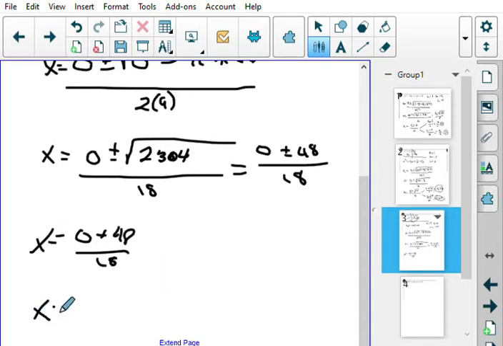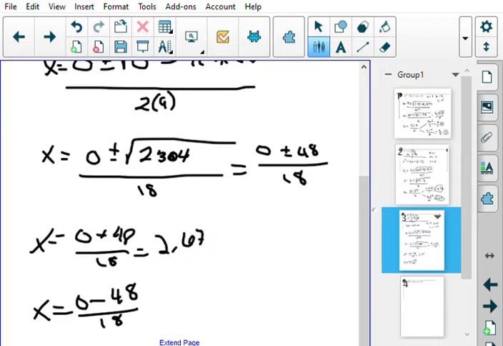And the second one is 0 minus 48 over 18. Okay, so we have 0 plus 48, and then we can divide that entire thing, if I put it in parentheses, by 18. That gives us the 2.67.